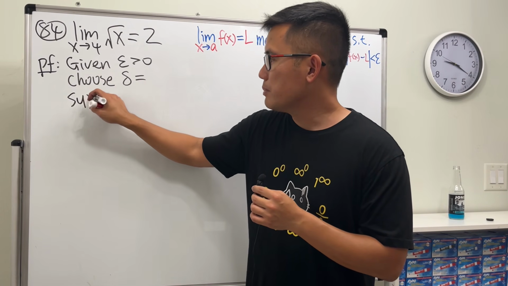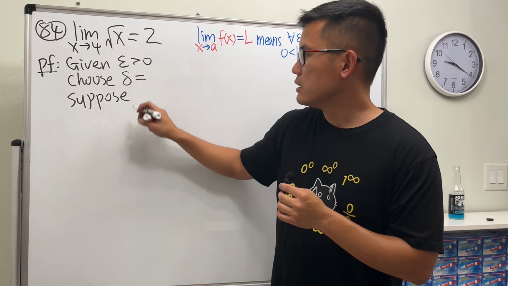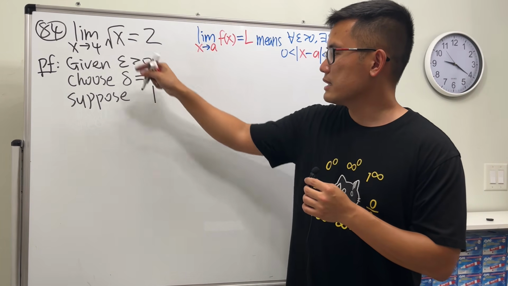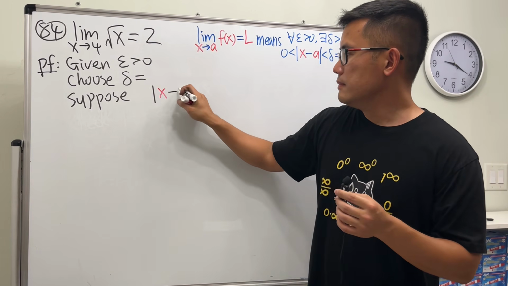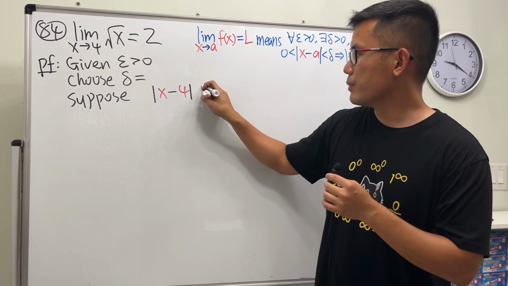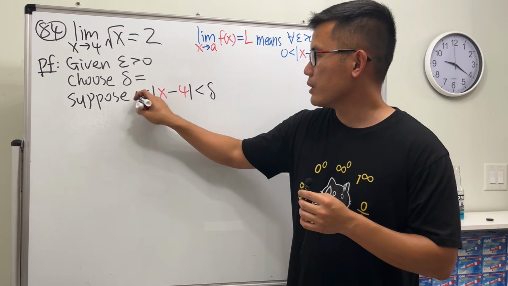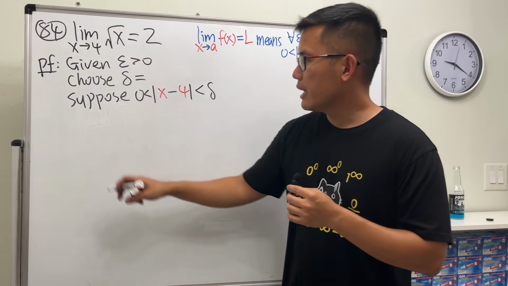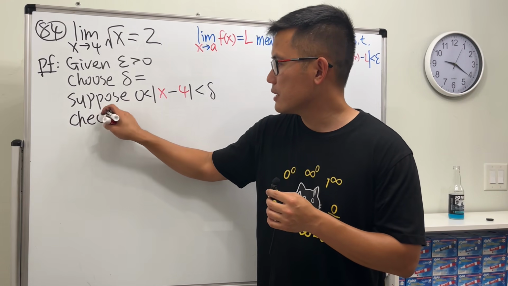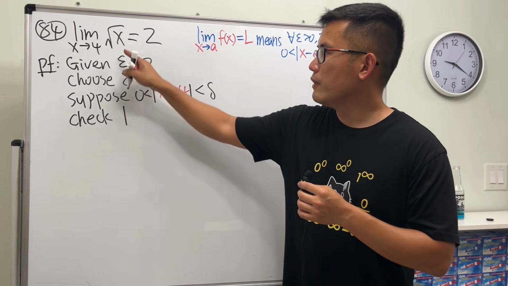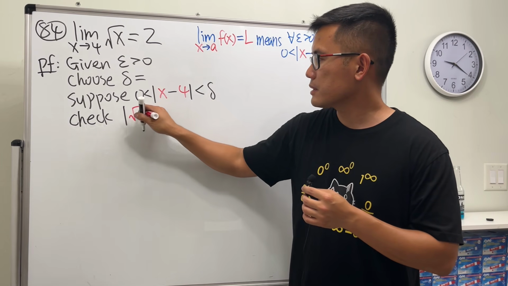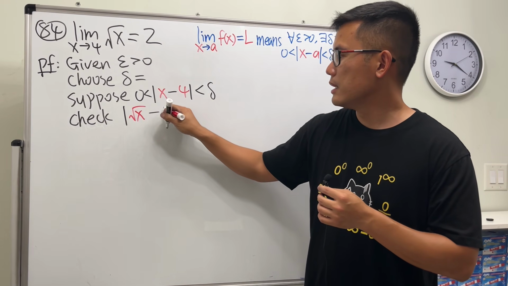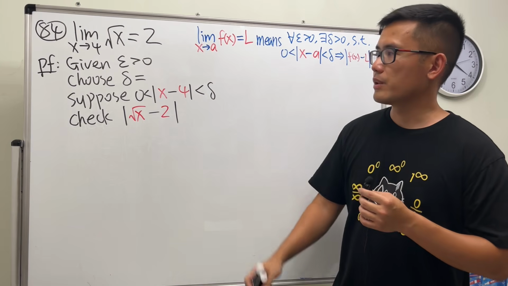Then suppose the absolute value of x minus 4 is less than delta, and greater than 0. Look at it backwards. And then lastly, we check the absolute value of the function minus the limit. That's all we have.